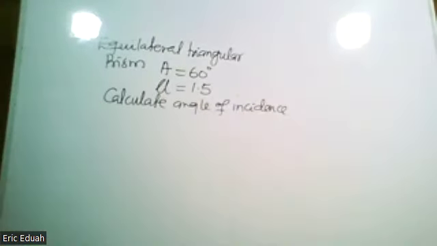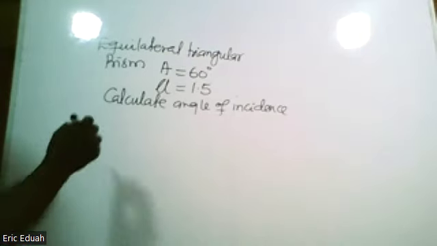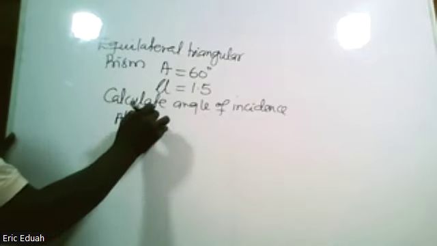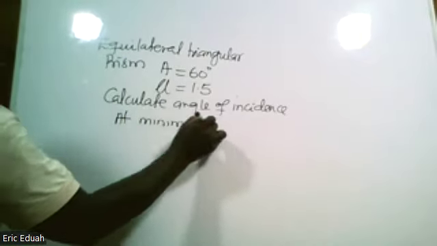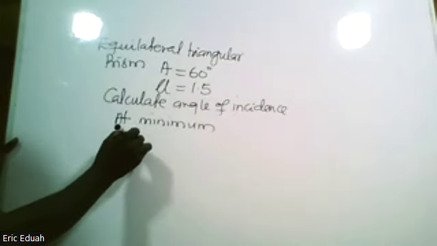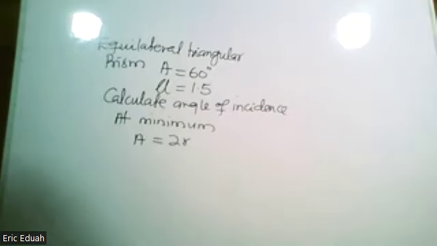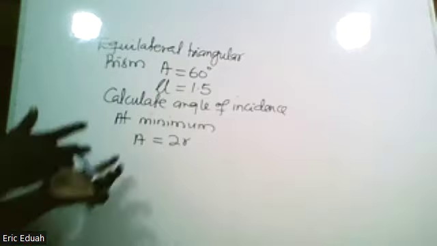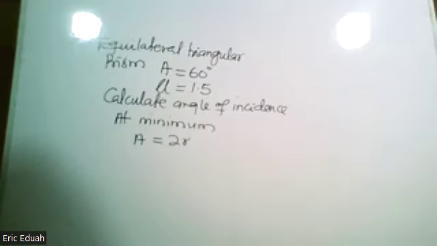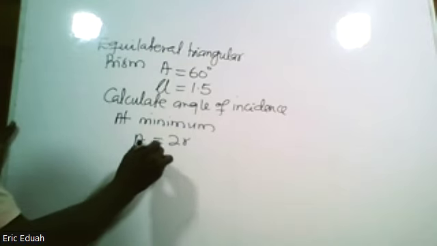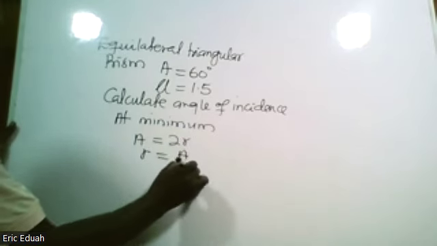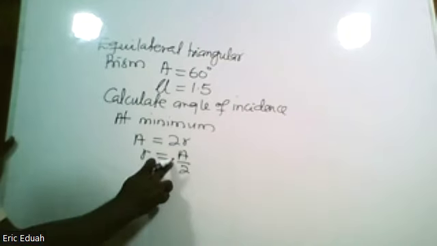We are told the ray passes symmetrically through this, meaning we are at the minimum deviation. At the minimum deviation, what happens? At the minimum deviation, we have A equal to 2R. So this alone should tell you something. A equal to 2R. Therefore, R is equal to A on 2. A is known, 60.